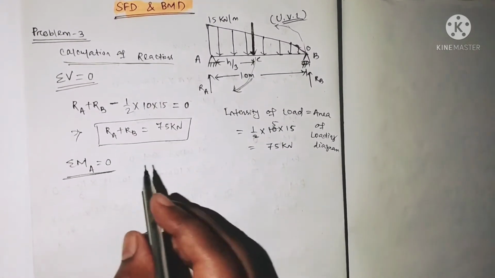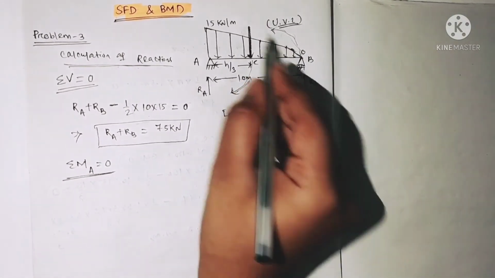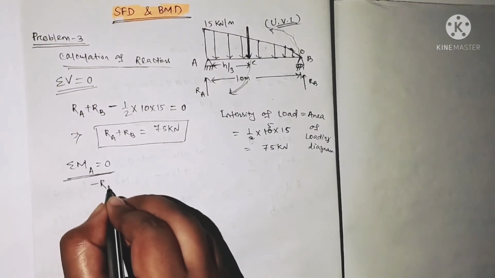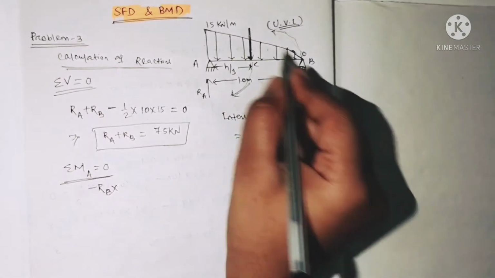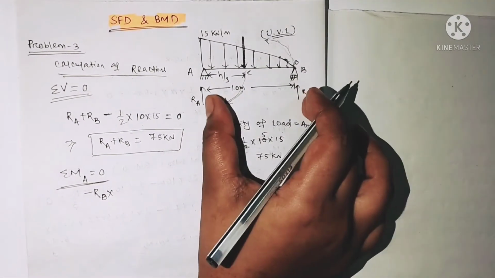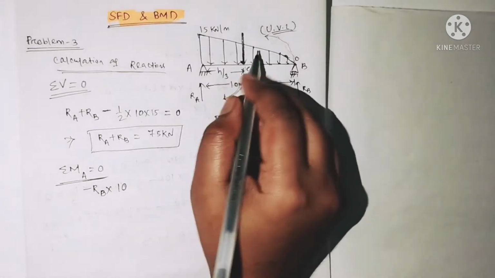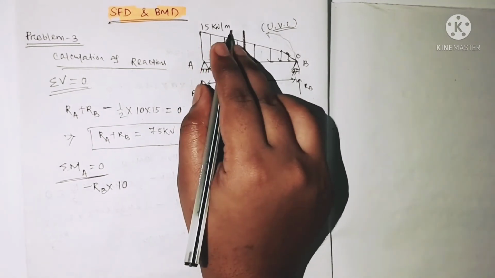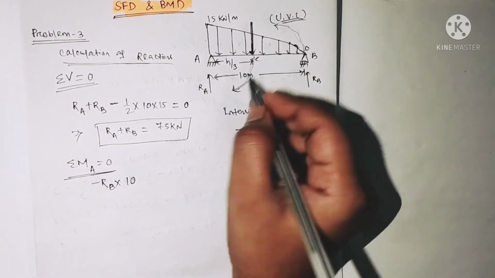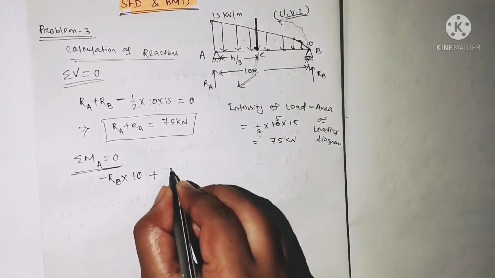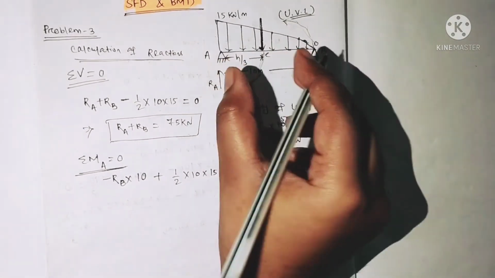Here first we take the reaction Rb that gives anti-clockwise moment, so that is negative. Minus Rb into, moment is force into perpendicular distance, that is Rb into 10 meter from A. Now we take the UVL 15 kilonewton per meter, that gives clockwise moment, so that is plus half into 10 into 15 into the perpendicular distance.